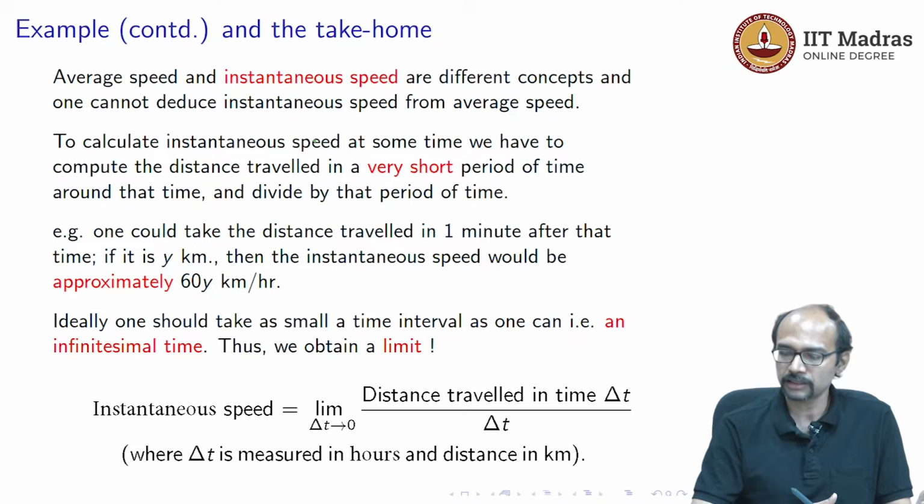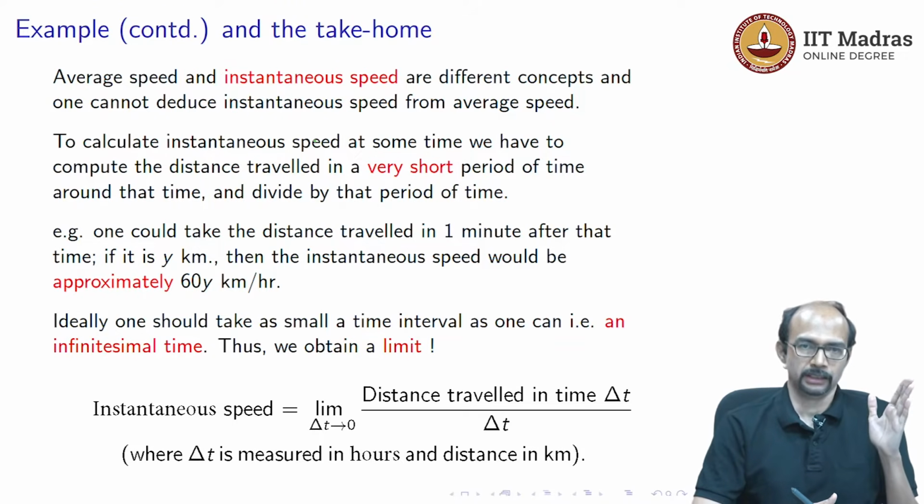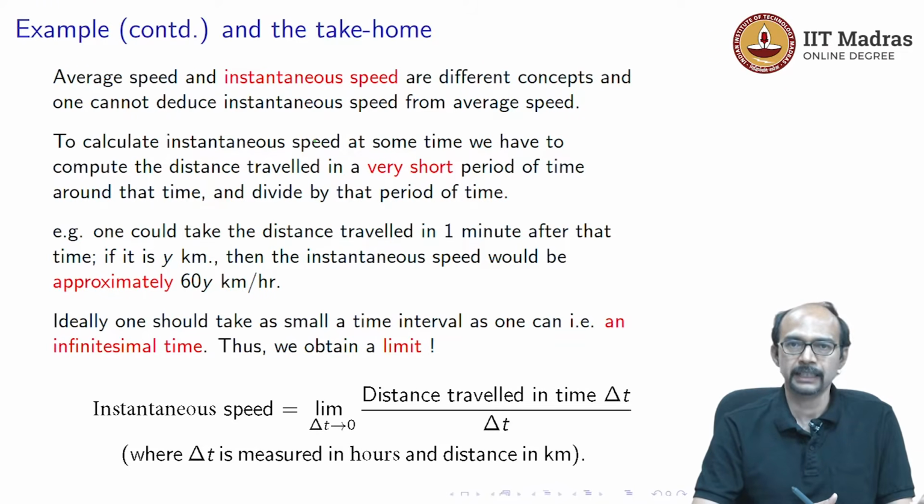So what exactly is instantaneous speed? You take the distance travelled in time delta t. Suppose you want to know the instantaneous speed at a particular time t0. So you take t0 plus delta t, take the distance travelled between time t0 and time t0 plus delta t, and divide by delta t, and you take the limit as delta t tends to 0.